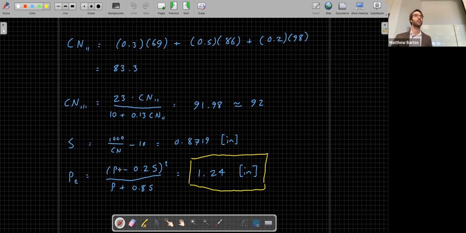It's the cumulative rainfall. So if you have a storm event that has multiple parts to it, the value of P that goes into this equation is the cumulative rainfall up to that point in time.